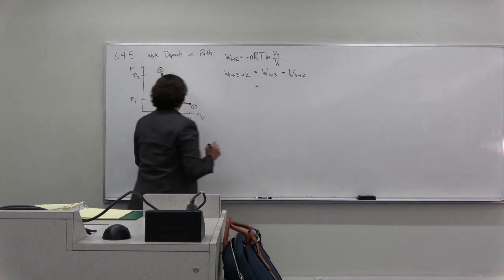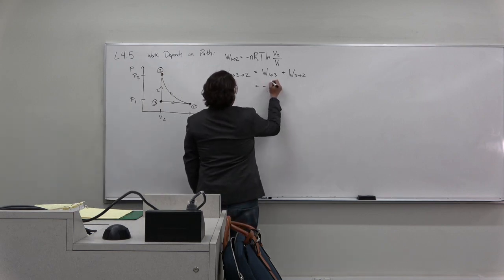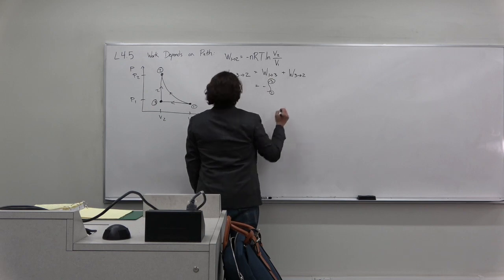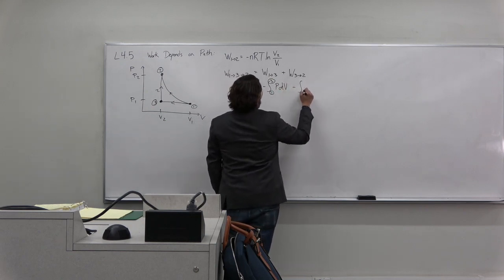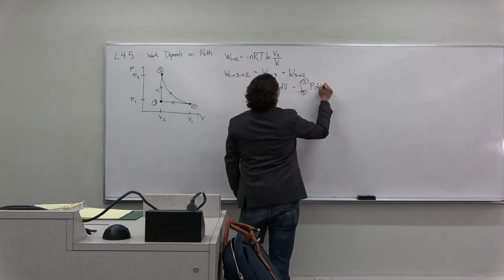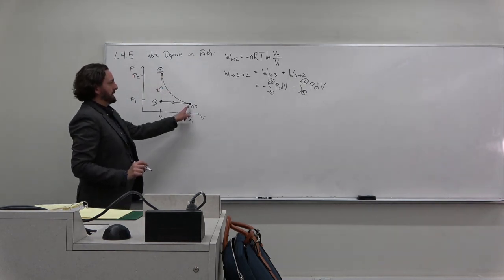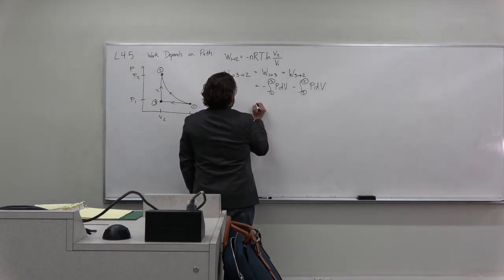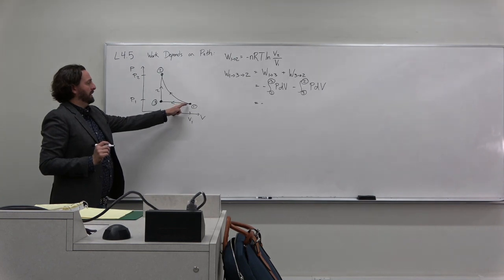Well, the work from 1 to 3 is the integral from 1 to 3 of P dV minus the integral from 3 to 2 of P dV. All right, and you can see that this one, what's this called?